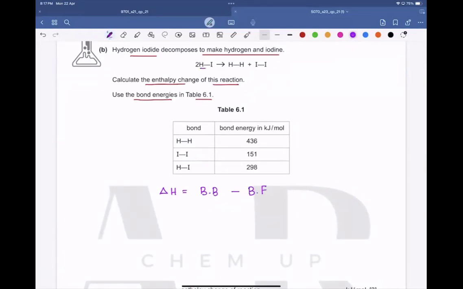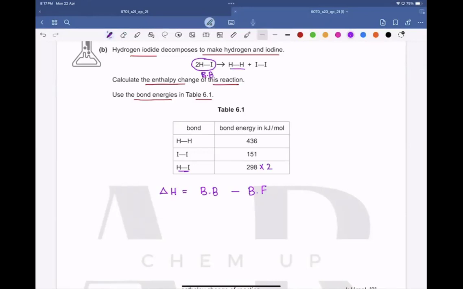There are 2 moles of hydrogen iodide, so the bond energy of hydrogen iodide is going to be times 2, and these are the reactants, so these are the bonds which are broken.